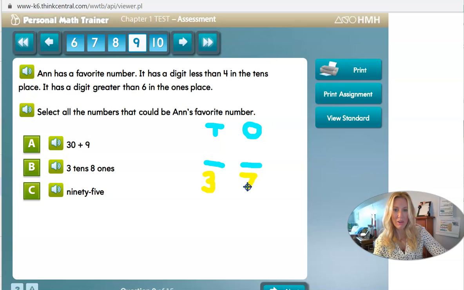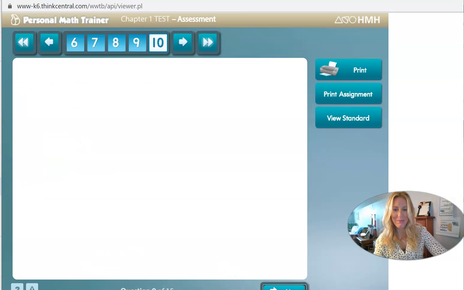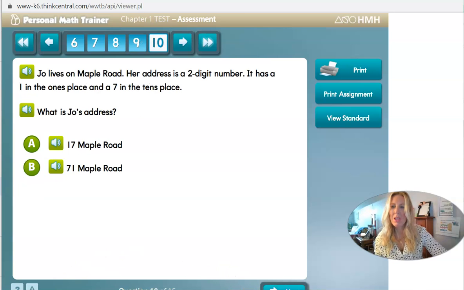So I could start here. Well, that's not one of my choices, but that doesn't mean that I couldn't come up with 2 more that would be a choice. Make sure that you are following the clues, okay? And do your work.